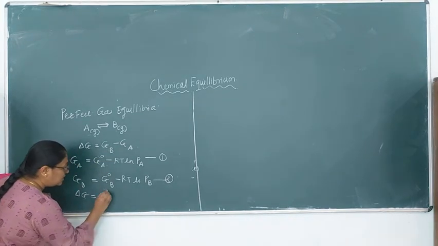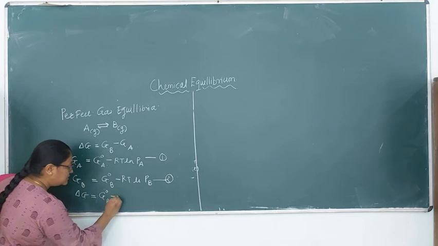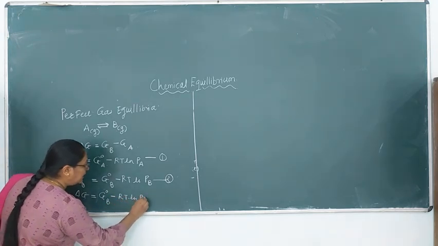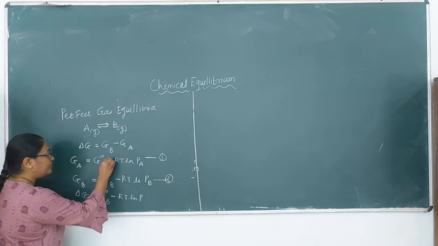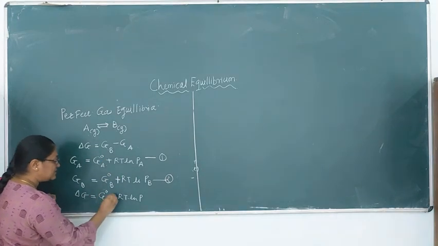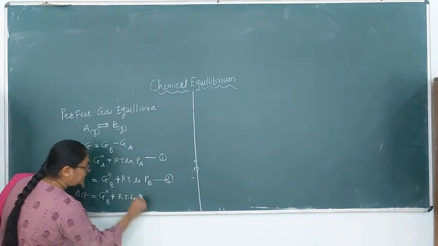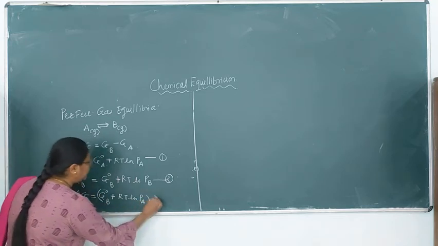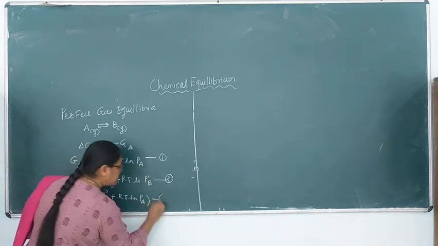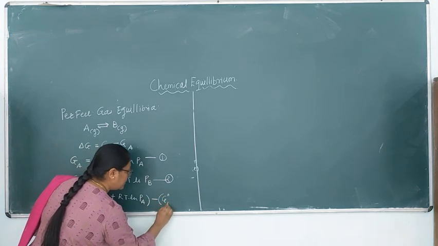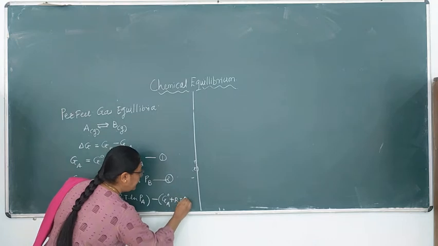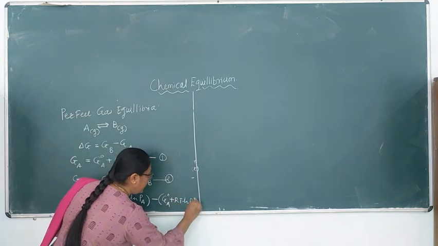G0B plus RT ln PB, minus Ga, that is, minus G0A plus RT ln of PA.